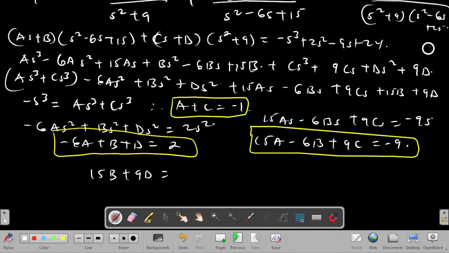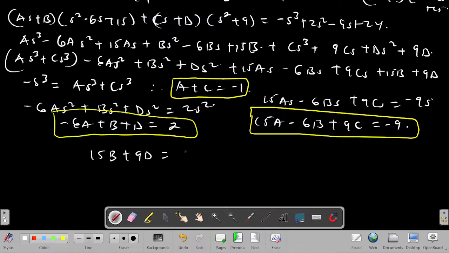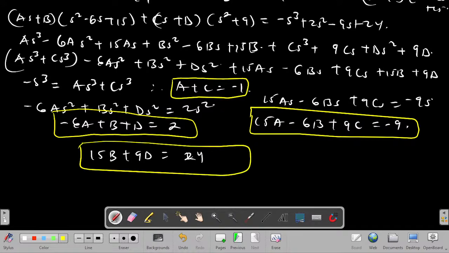The standing term, and the standing term is equal to what? 24, right? 24. This gives us our fourth equation. With this fourth equation, we should be able to find the respective values for A, B, C, and D. How do we do that?